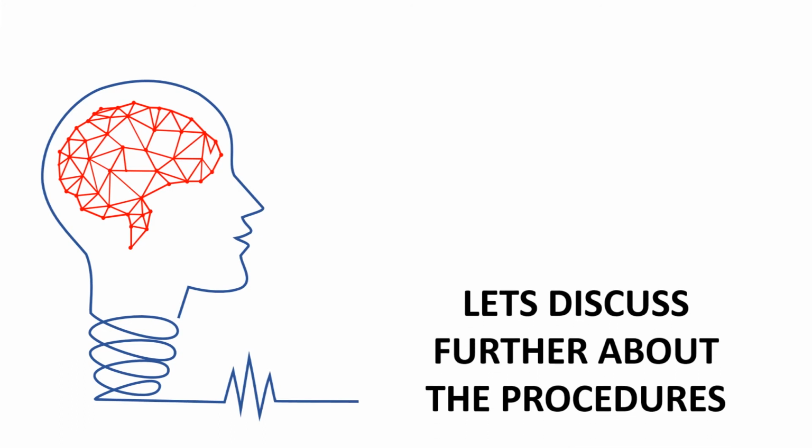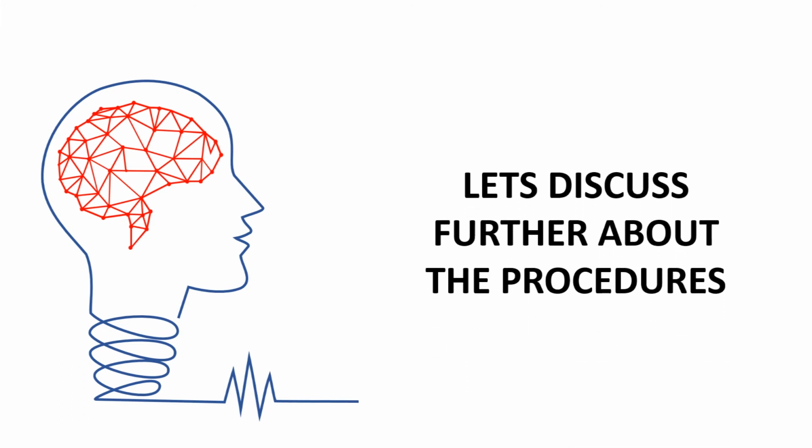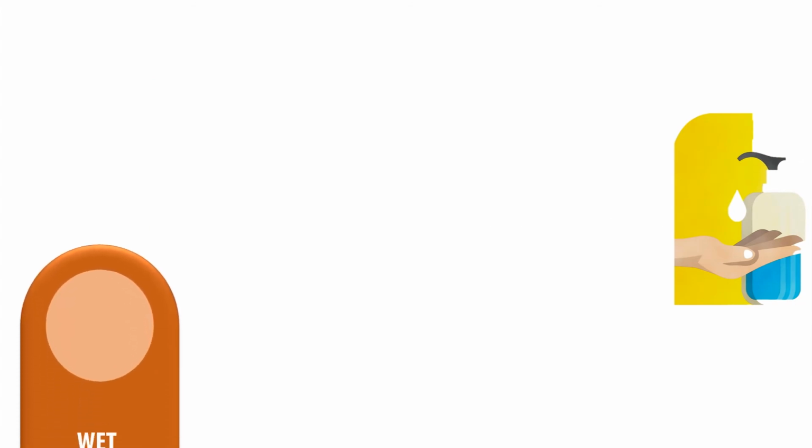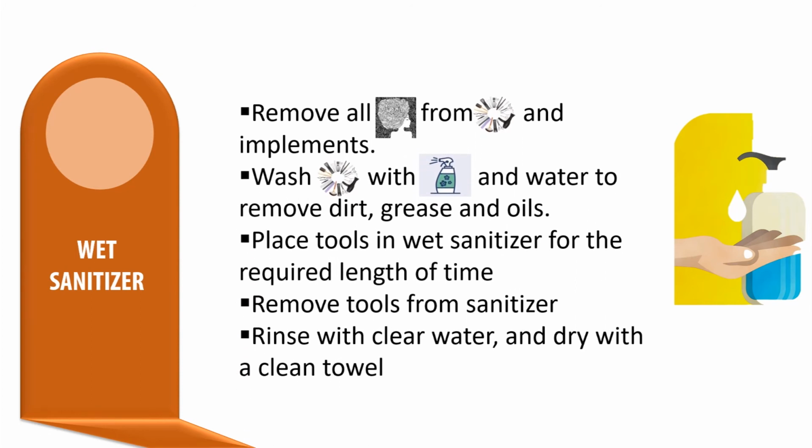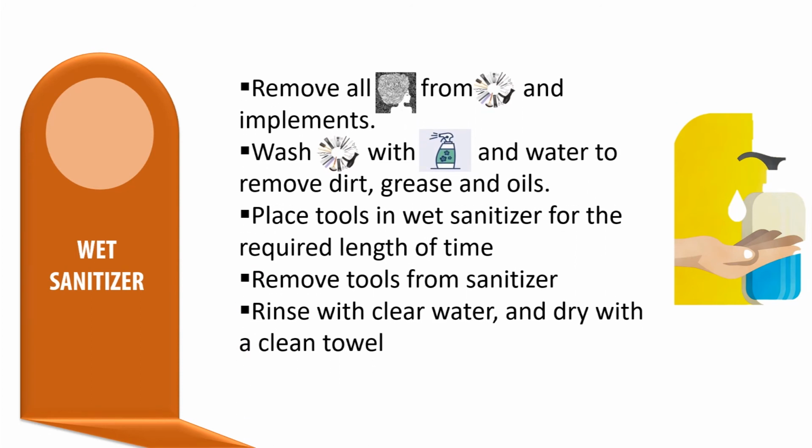Let's discuss further about the procedure. The first procedure is wet sanitizer. First, remove all hair from tools and implements. Wash tools with soap and water to remove dirt, grease, and oils.